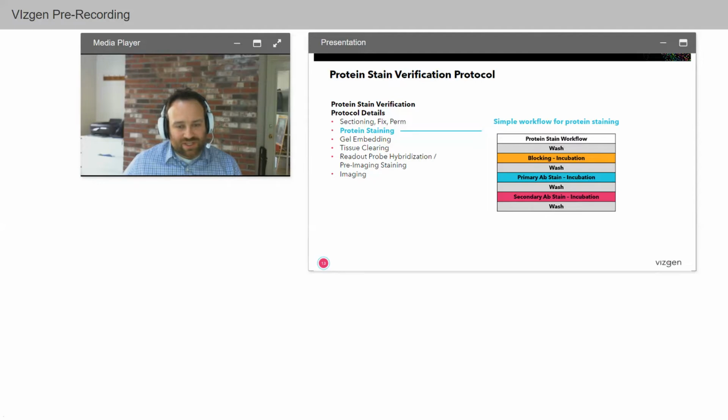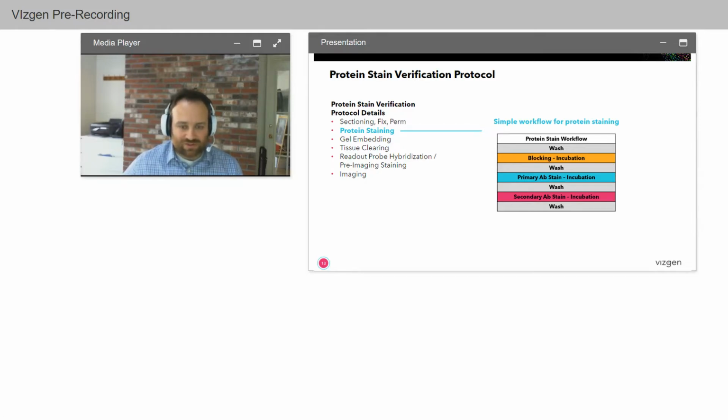For the actual protein staining itself, this is a high-level overview of it. Very simple. It consists of multiple washes with a blocking and incubation step, a primary antibody stain and incubation step, and a secondary antibody stain and incubation step there. Overall, very simple protocol.